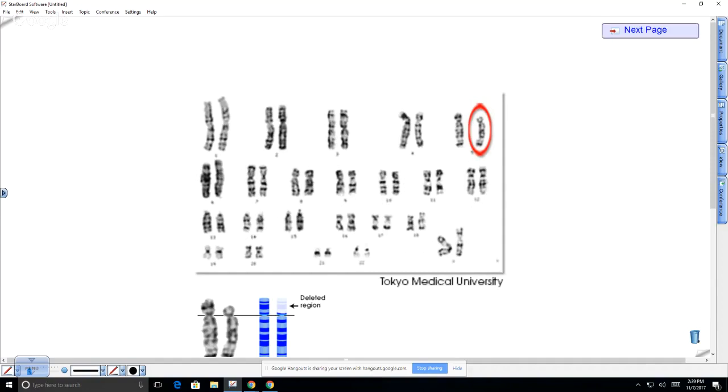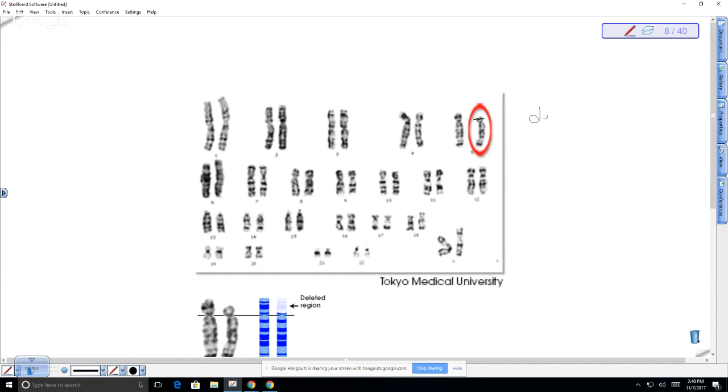Okay, so there is something else that happens, and this is called deletion of a piece of the chromosome. So the chromosomes can break during meiosis. As they are being separated, they can break. And so this is a karyotype of a person that is missing parts of one chromosome number 5.